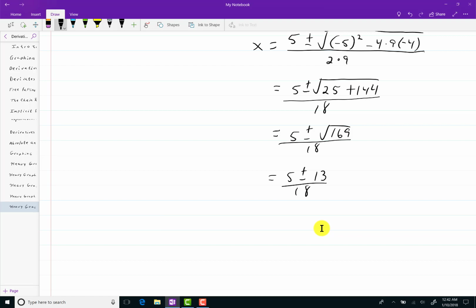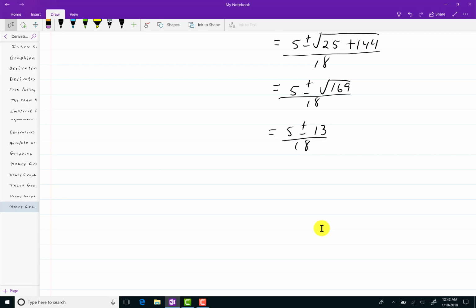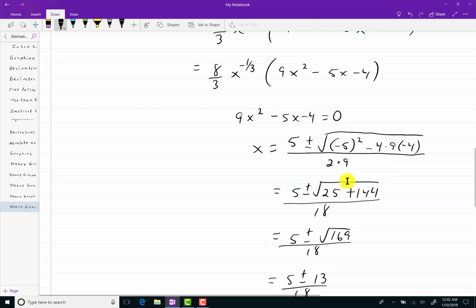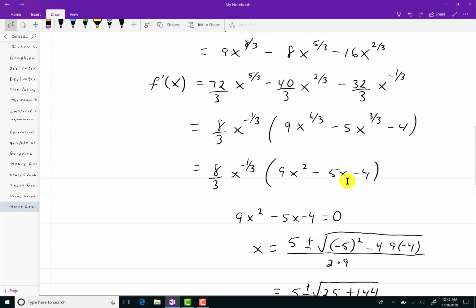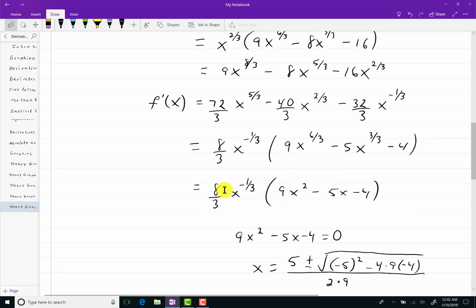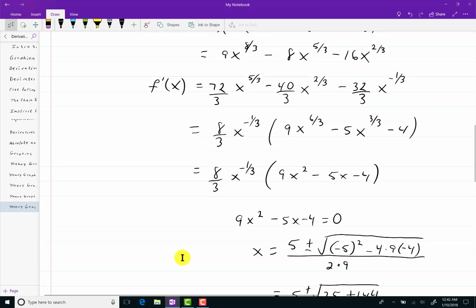So what are those numbers? We get 5 plus 13 will give me 18 over 18, so 1. And then 5 minus 13 will give me negative 8 over 18, or negative 4 over 9. So those are two critical numbers. Don't forget that we had x equals 0 because the derivative is undefined at 0.